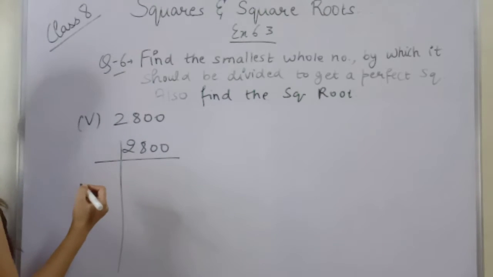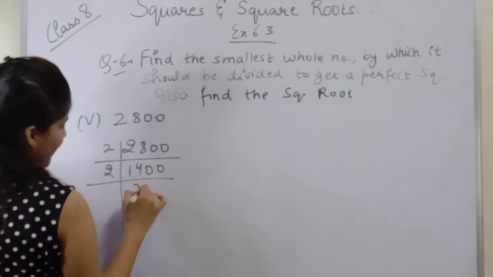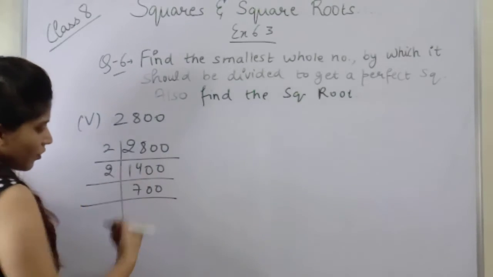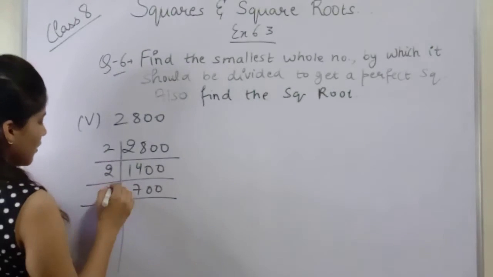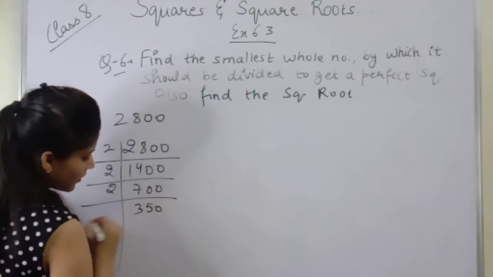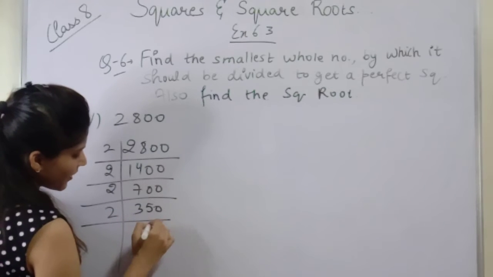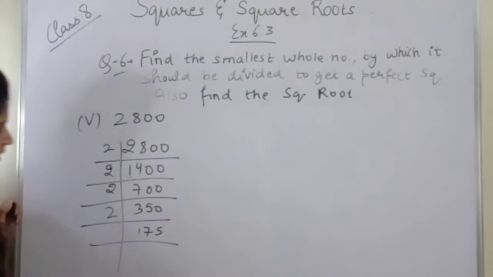This is a multiple of 2. 2 1s are 2, 2 4s are 8, 2 7s are 14, 0 as it is, remember children. 2 3s are 6, 10, 2 5s are 10. Again 2 1s are 2, 2 7s are 14 and 2 5s are 10.